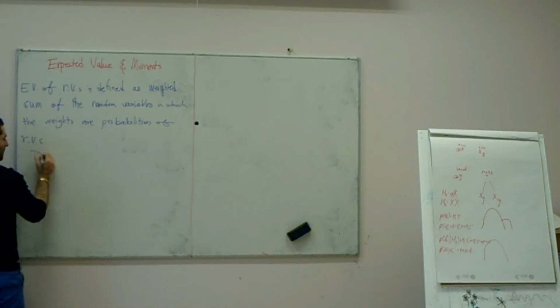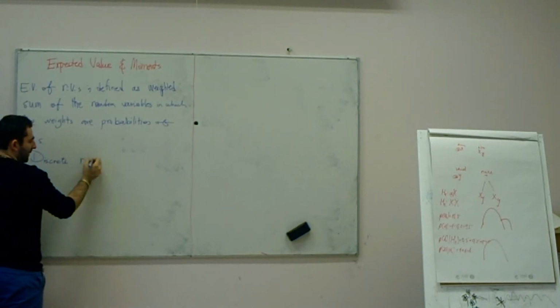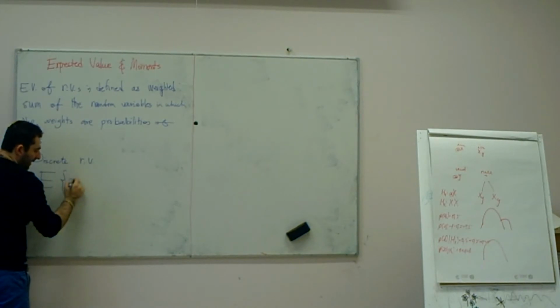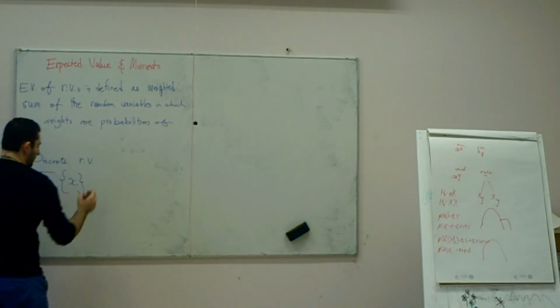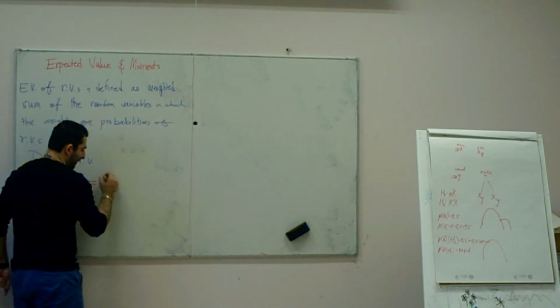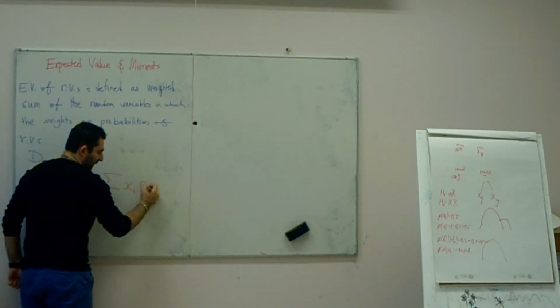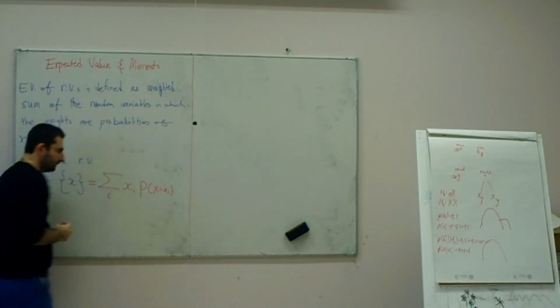In other words, for a discrete random variable, E of x is defined as the summation of xi multiplied by P of x equal to xi.